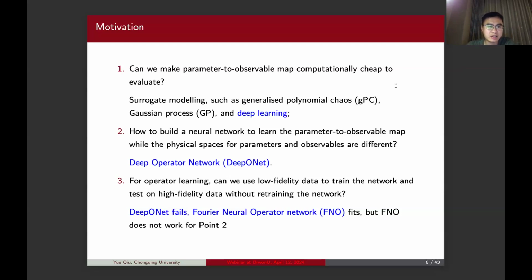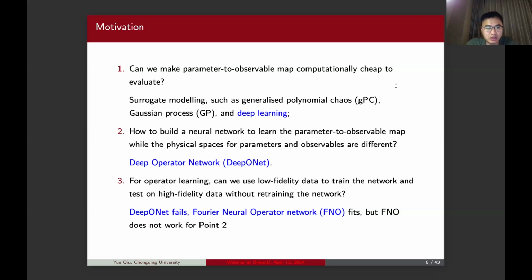Second, how to build a neural network that can learn the parameter-to-observable map, while the physical domains for the parameters and the observable data are different? And the answer lies in the deep operator network. It decomposes the physical domains of the parameters and the observables.